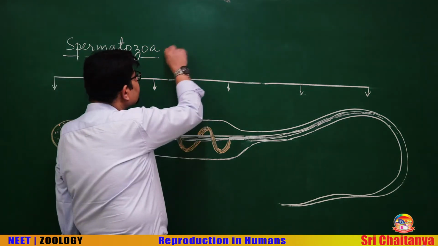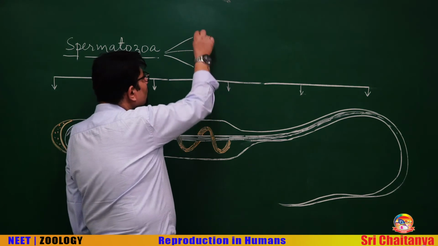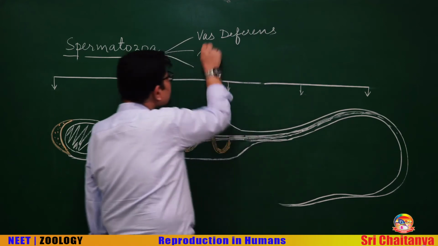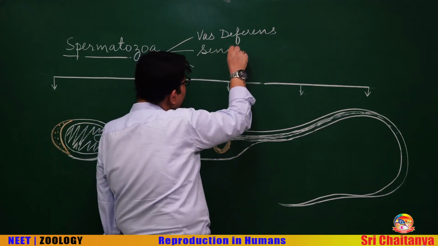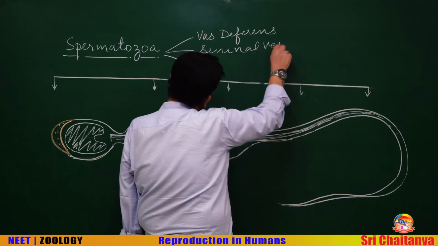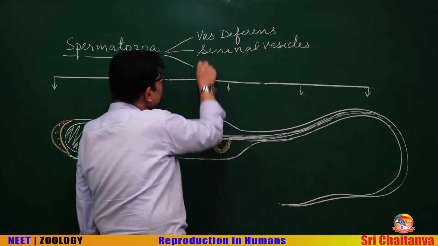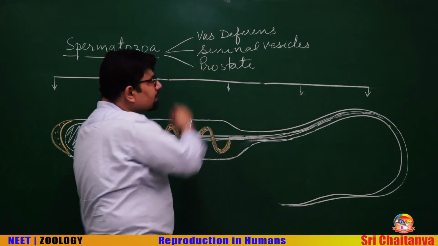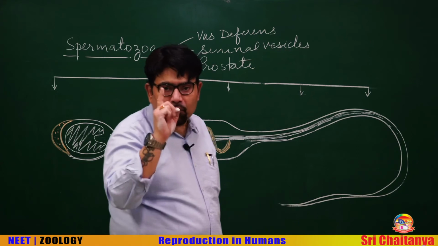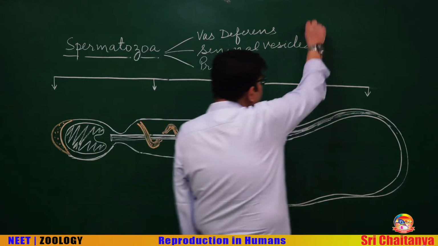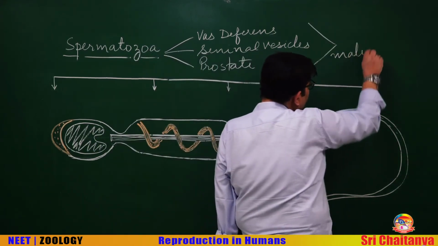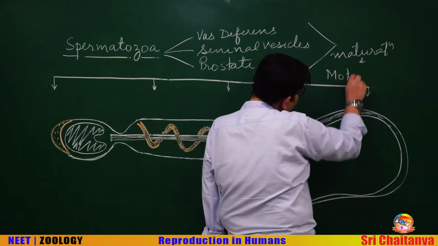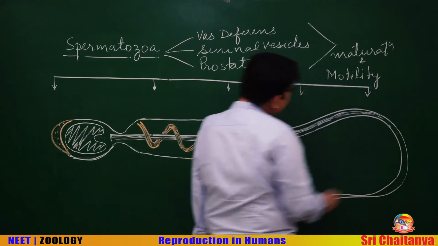Remember, the secretions of the vas deferens, seminal vesicle, and prostate secrete certain factors which help in the maturation and motility of sperms.